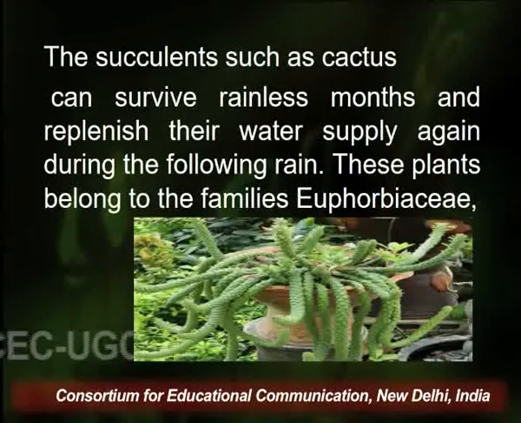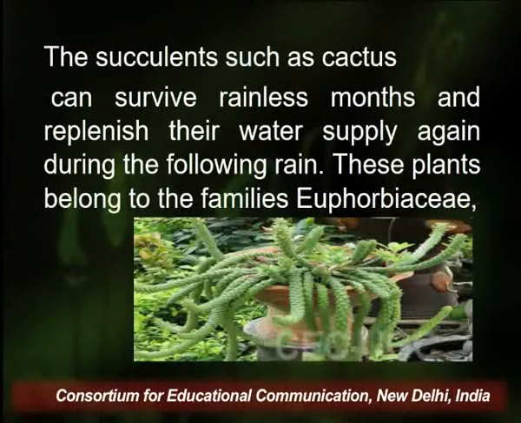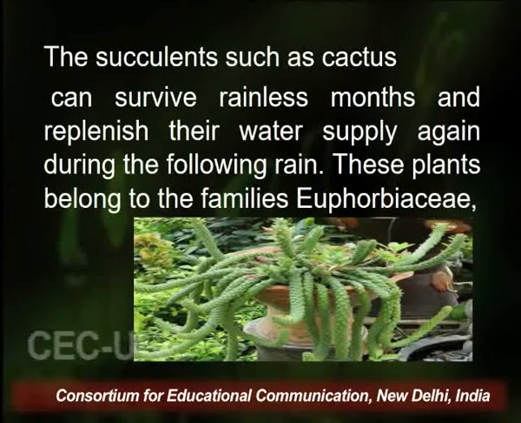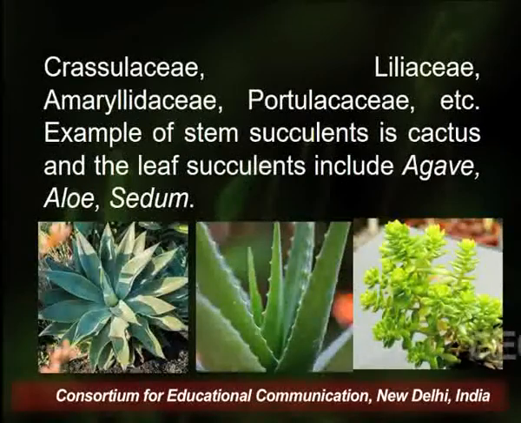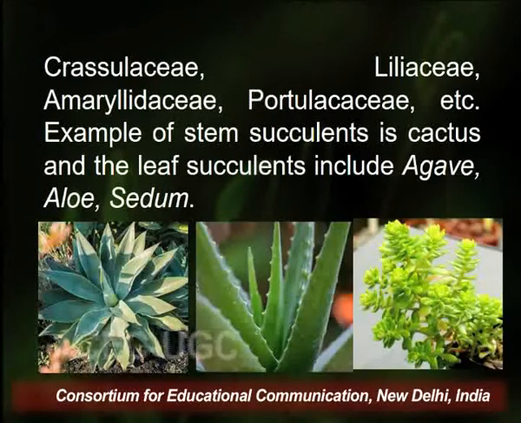The succulents such as cactus, as shown in the figure, survive rainless months and replenish their water supply again during the following rain. These plants belong to families Euphorbiaceae, Crassulaceae, Liliaceae, Amaryllidaceae, Portulacaceae, etc. Examples of stem succulents is cactus, and the leaf succulents include agave, aloe, sedum.